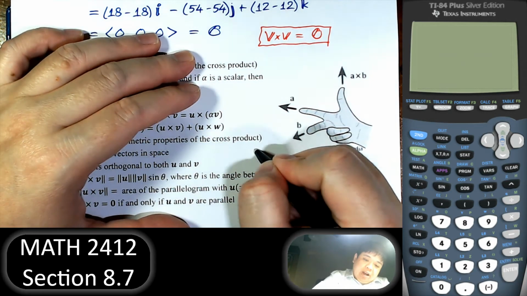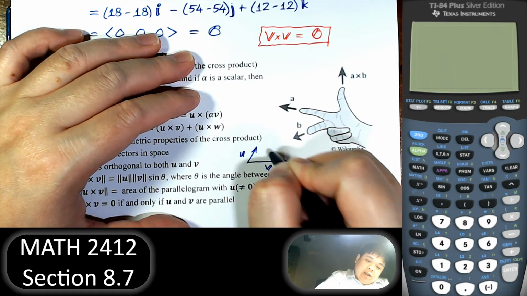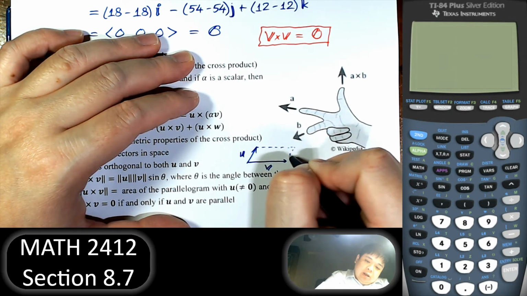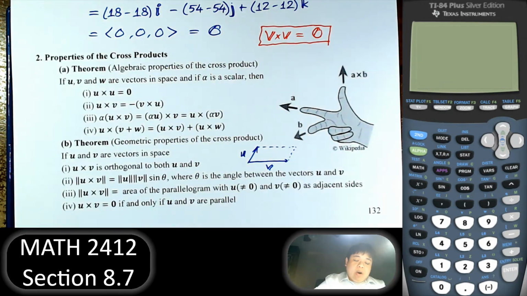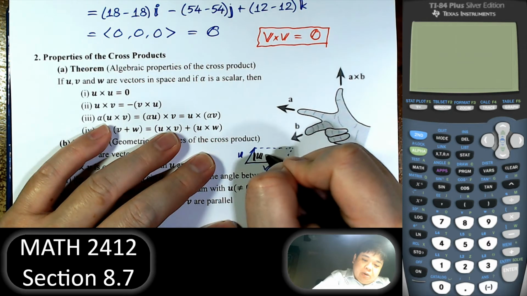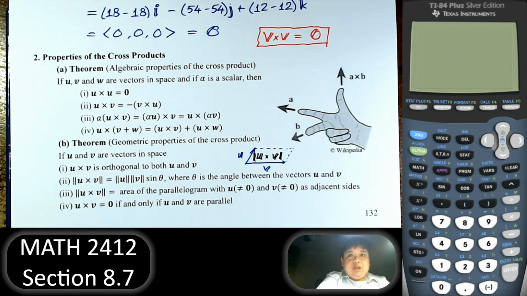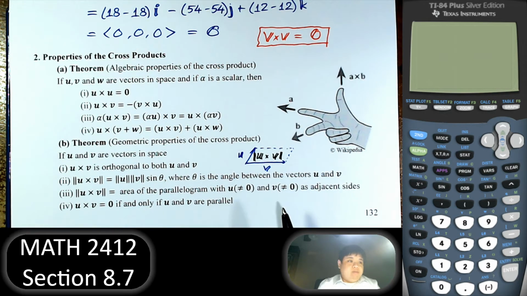So if we have the vector u and the vector v, the area of that parallelogram is given by the magnitude of u cross v. It has to be the magnitude, because otherwise we have just a vector, and of course a vector has direction and magnitude.